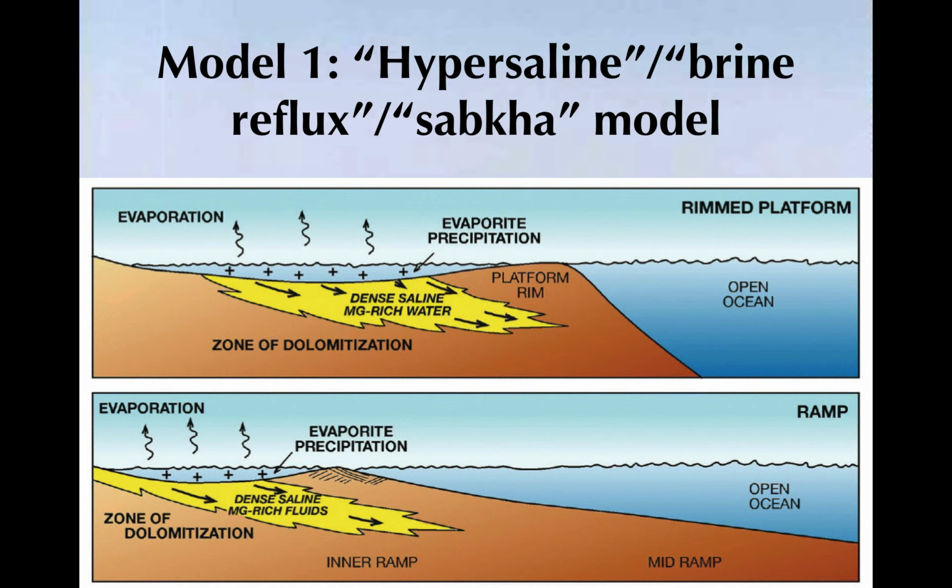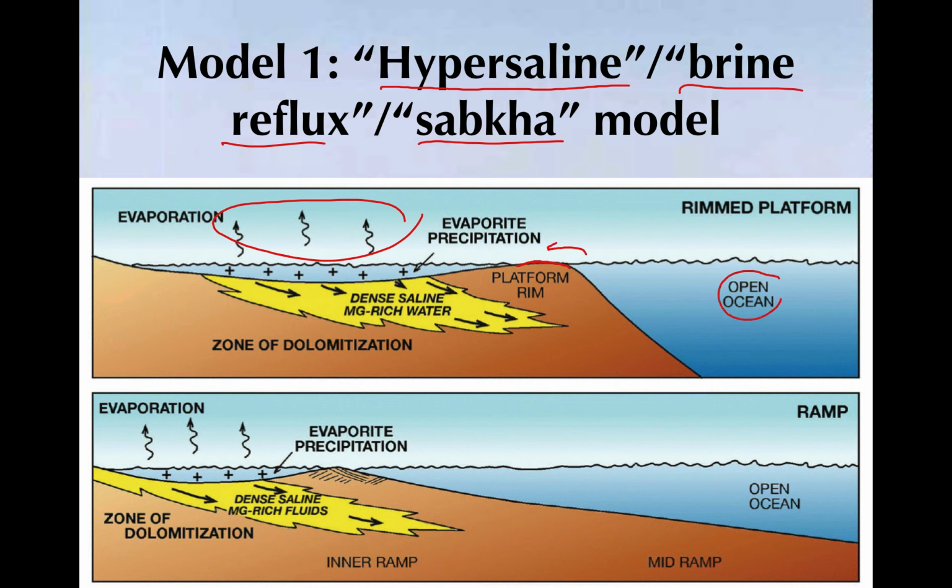So here's a little bit better illustration than the one I just drew of that same concept. This is called the hypersaline model, or the brine reflux model, or the sabkha model. They're all sort of variants on the same thing. You have a little bit of a rim here, or a sill, that separates this evaporative setting on the left from the open ocean on the right.